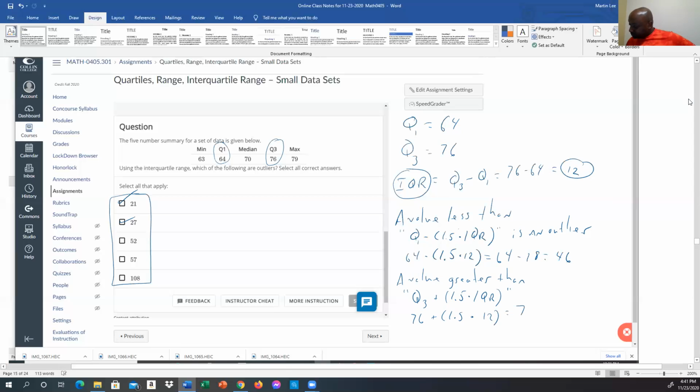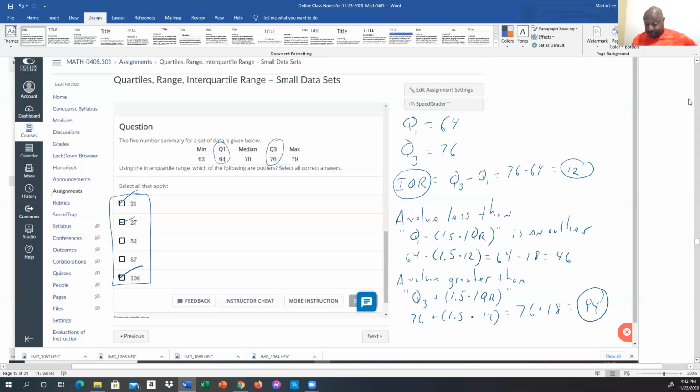So this equals 76 plus 1.5 times 12 gives me 18. And then 76 plus 18 gives me 94. So now I want to go back and see if I have any numbers that are greater than 94. And I do, I have one value, which is 108.